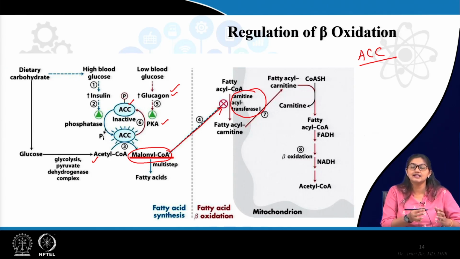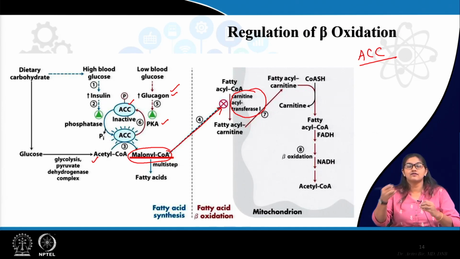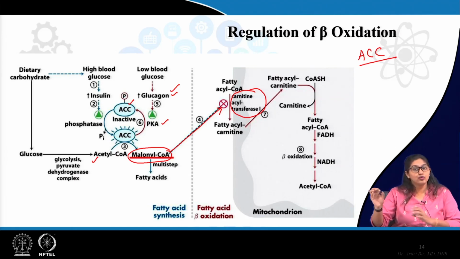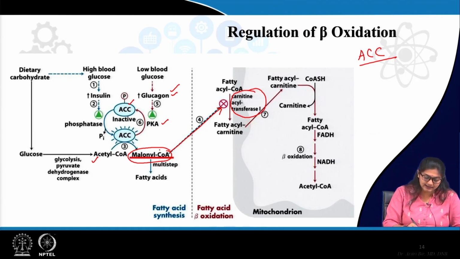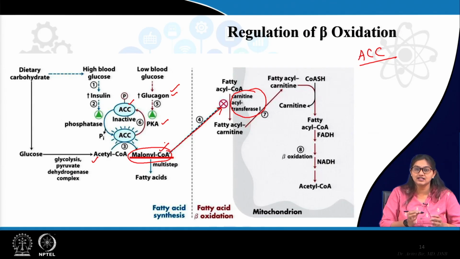So, basically there is adequate energy, adequate acetyl coenzyme A, which is forming fatty acid in the storage form. So, no more breakdown is needed, and how is it signaled? Via the intermediate of fatty acid synthesis, malonyl coenzyme A, and malonyl coenzyme A is inhibiting what of beta oxidation? Carnitine acyl transferase 1, one important question.